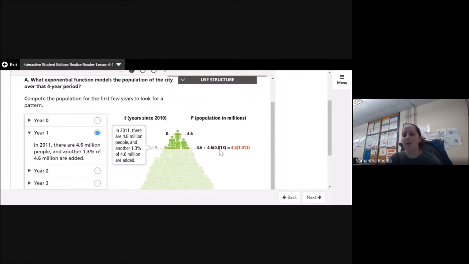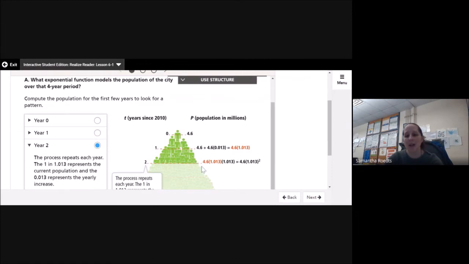So 4.6 times 0.013 plus that 4.6 gives me this amount. Okay. So that value, just in case you're curious, is 4.6598 million. So it doesn't increase by that much.